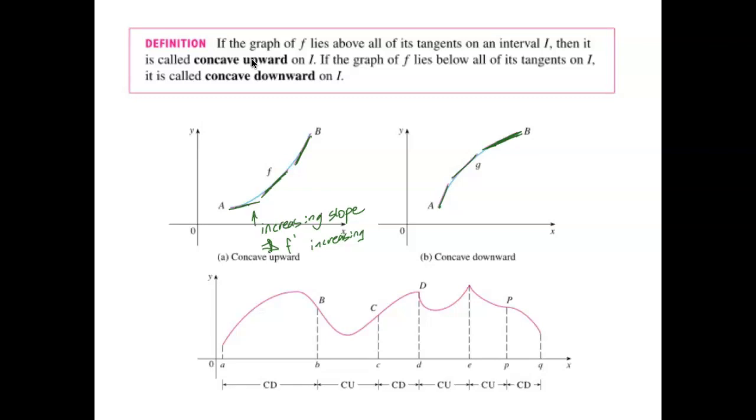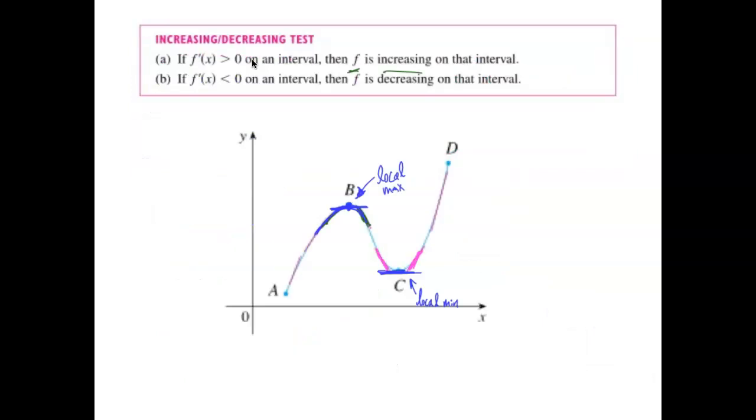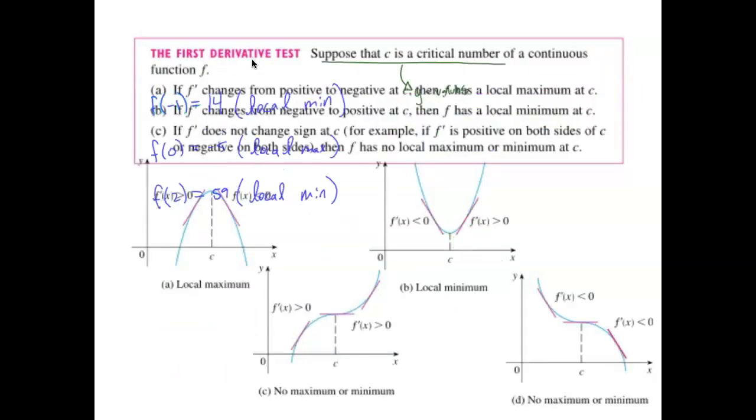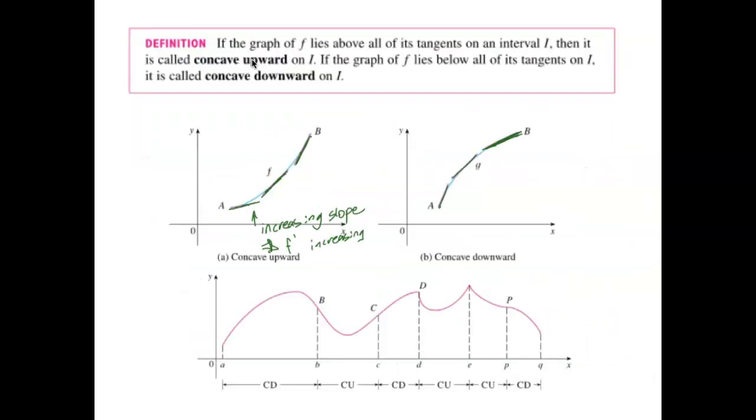Like f prime tells us about where f increases. So if f prime is positive, then f is increasing. Now I want to know when f prime is increasing. So I'm going to look to f double prime. If f double prime is positive, that's going to tell me that f prime is increasing. And likewise, if f double prime is negative, that'll tell me that f prime is decreasing.